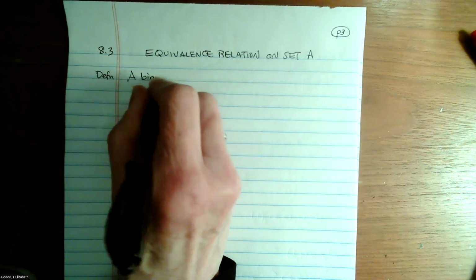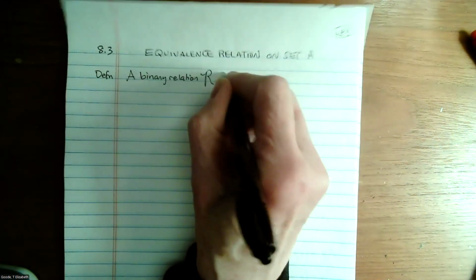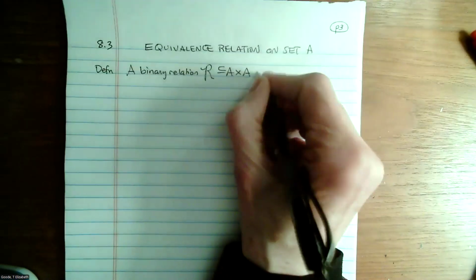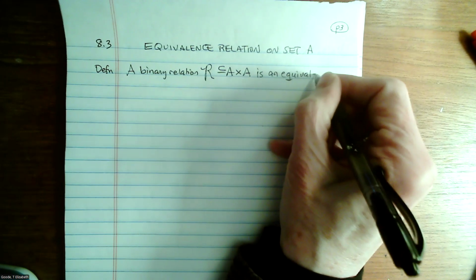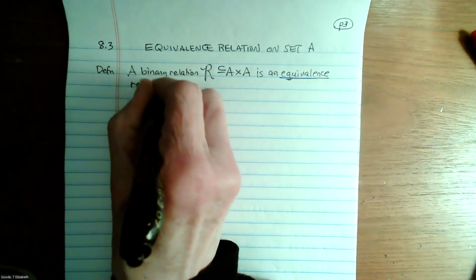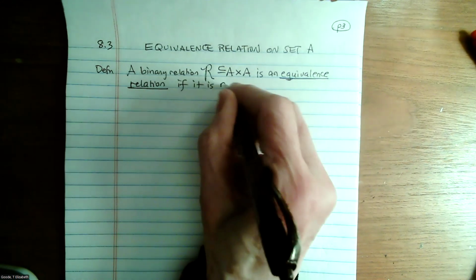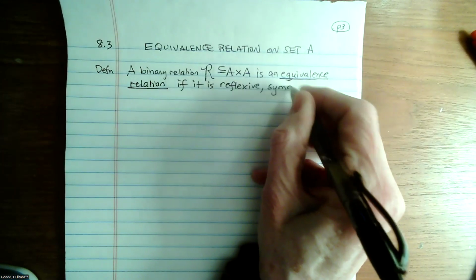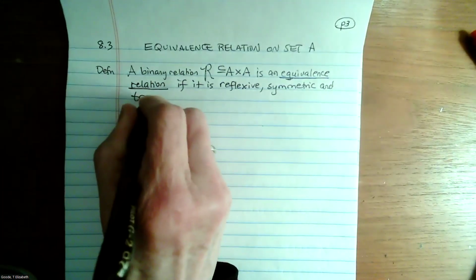A binary relation, curly R, subset of A cross A, in other words, it's a binary relation on A, is an equivalence relation if it is reflexive, symmetric, and transitive. If we have all three of these, things work out really nicely.